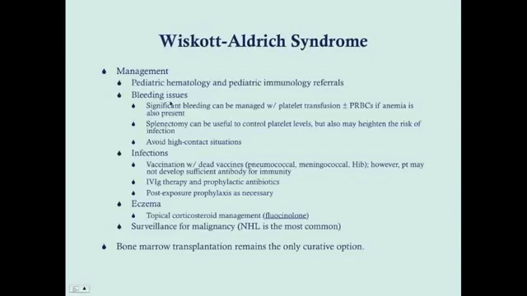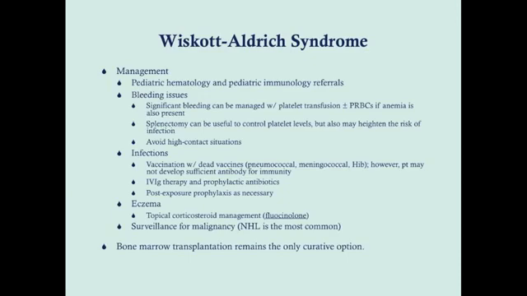As far as the bleeding issues, you can manage significant bleeding with platelet transfusion. If there's anemia, which a lot of times there is from chronic bleeding, you can give packed red blood cells. Splenectomy can be useful to control platelet levels. Now, this is sort of a take and give.